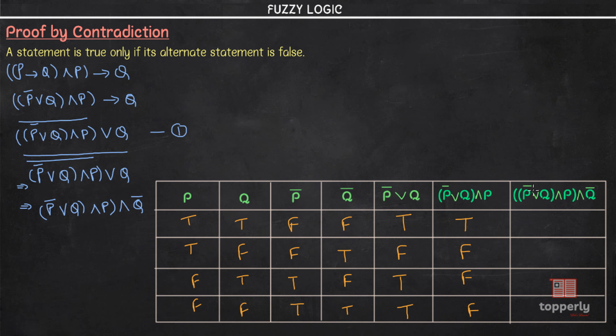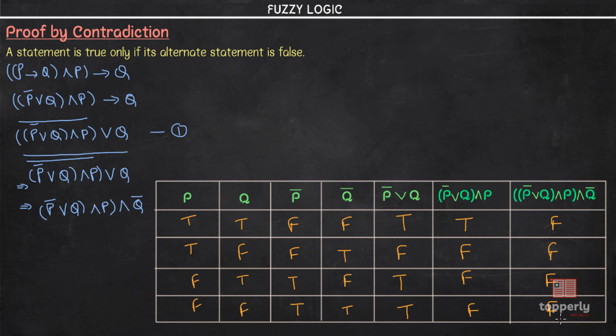Lastly, we have (P negation disjunction Q conjunction P), the whole thing, conjunction Q negation. So we consider this column, conjunction, this column. We have true and false, which will be false; true and false, which will be false; false and false, which will be false; and true and false, which will be false.